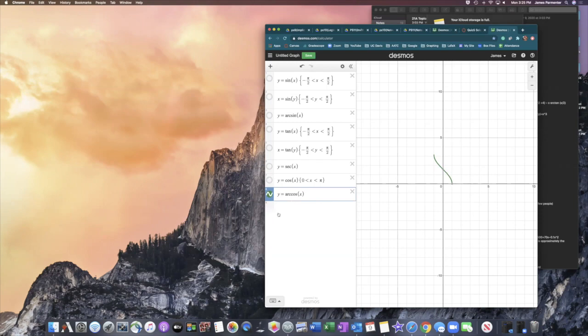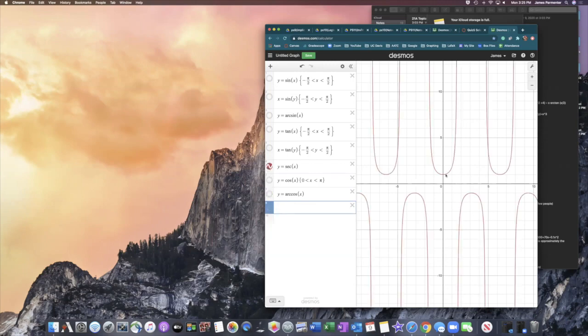But now here's the thing about secant. We could do secant from here up to there, and then from way down here to here. And there's a perfectly good, legitimate reason for doing it that way. The reason I like that choice is because that's where cosine is also chosen to be, and secant and cosine are reciprocals of each other, so that seems reasonable.